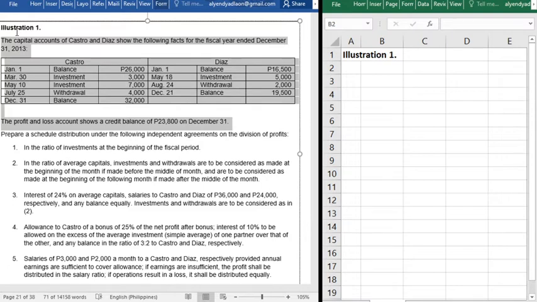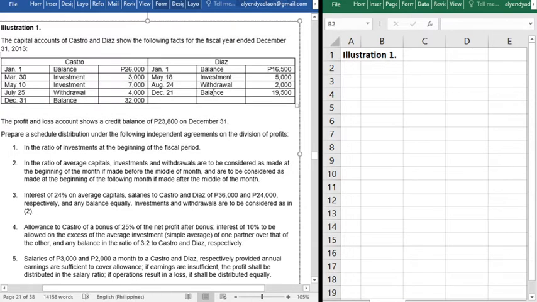I just have to check the Diaz. I guess there is a mistake for this. Just wait for a moment.